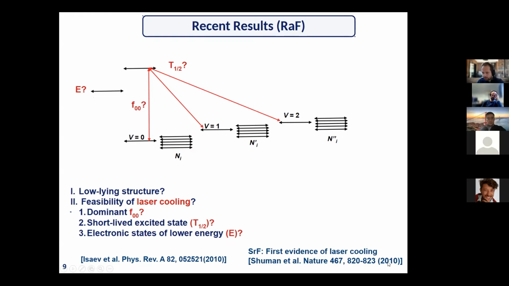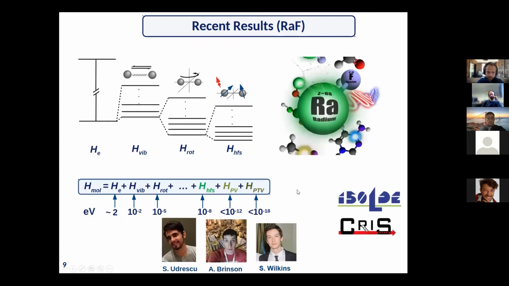Laser cooling in atoms is a very well-established field. In molecules, it's a field that is still growing, right? The first evidence of laser cooling was in 2010, and there have still been many developments in this direction. In a molecule like radium fluoride, nothing was known. In atoms, you can predict very well the lines that you are going to explore.